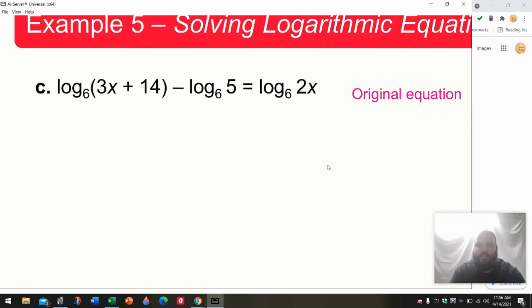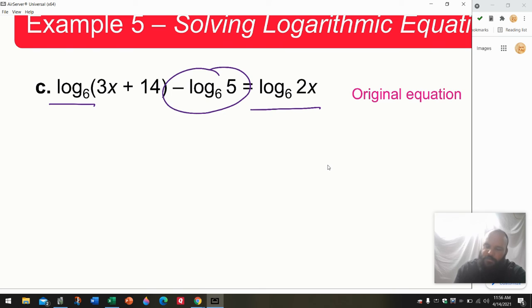Okay, so here's another example of a log equation. This one's slightly different though, and so you'll see what we have to do before we can utilize, in this case, the one-to-one property. What we have to do is rewrite these so they only have one log on each side of the equation. The one-to-one property only works if we have log of something equals log of something.